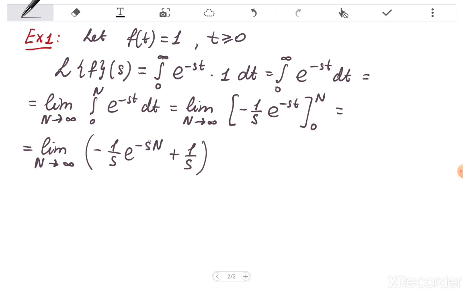So we need to find s when the power is negative for this limit to exist. So this is true when s is strictly positive, right? Because when s is positive, we have a negative power, and as n approaches infinity, e to the power minus infinity approaches 0. So this is true when s is positive, and in this case, this part here is 0, and we have just 1 over s.